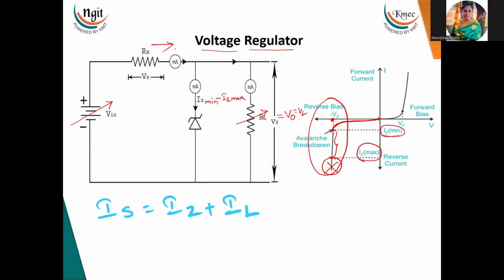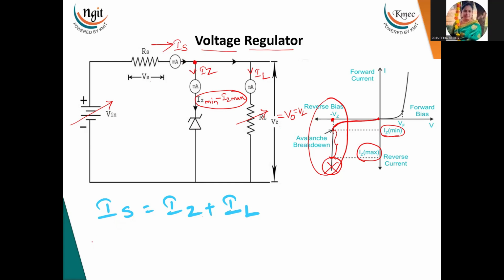Now, the current flowing through RS is IS and the voltage across RS is VS. Here this is the node, and this current is IZ and this current is IL. Now apply the KCL at this node. Then IS is equal to IZ plus IL. Entering currents is equal to leaving currents.